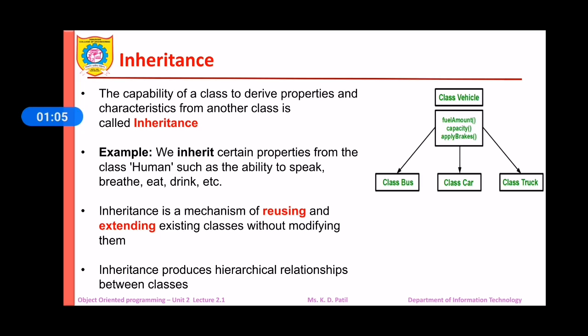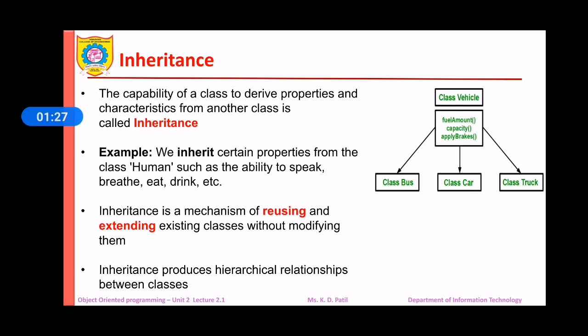Now, let me demonstrate inheritance through an example. Please observe the classes displayed on the screen. There are four classes: class vehicle, class bus, class car, and class truck. Class vehicle has the properties such as fuel amount, capacity, apply brakes.